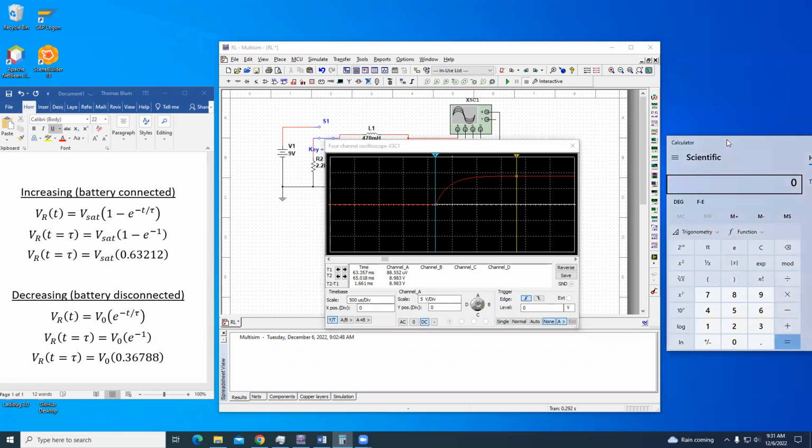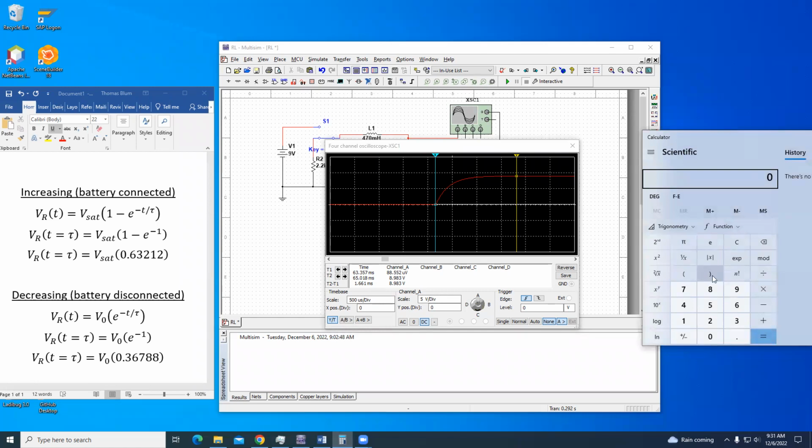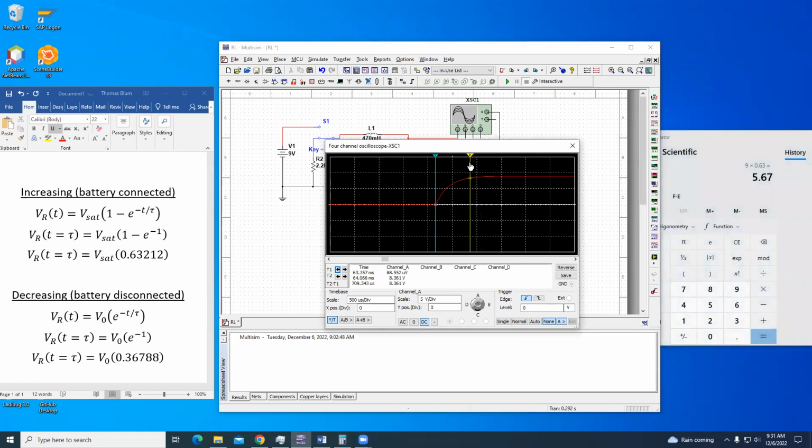what did we say, 63% of the saturation, which will be 9. So 9 times 0.63, and we're looking for 5.67. So I want this second voltage of this, I usually call it a needle, 2, to be 5.67.